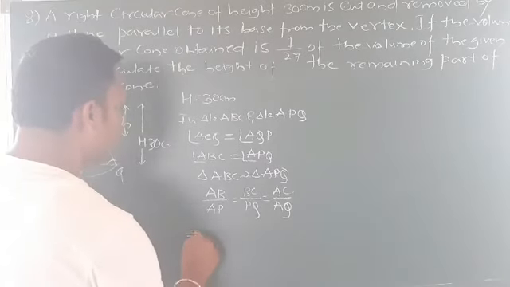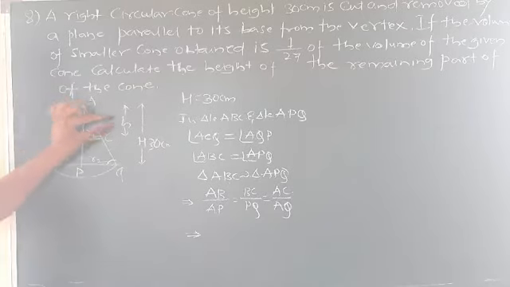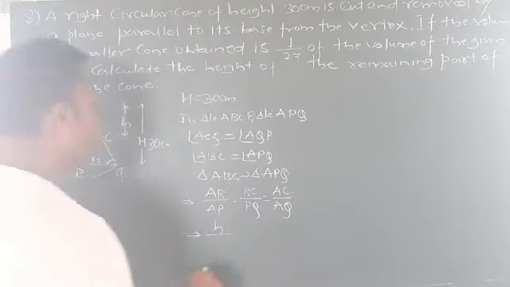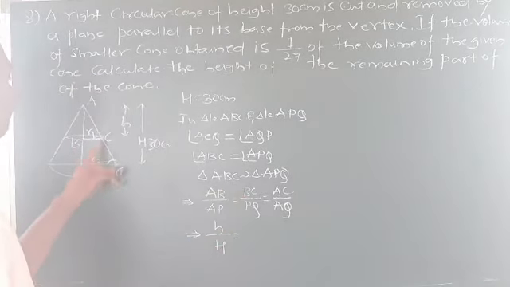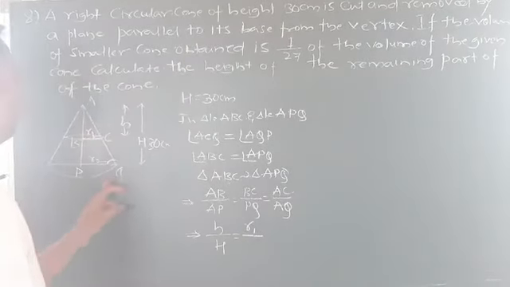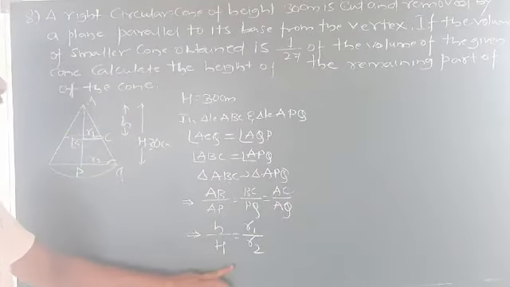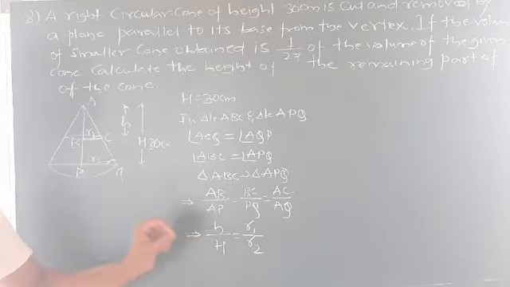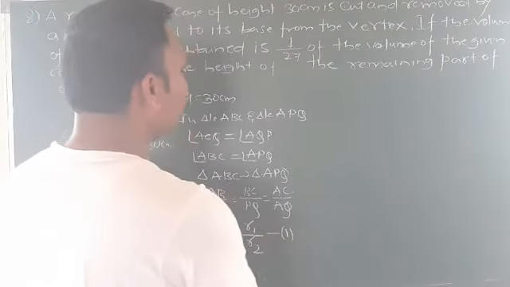AB is small h, AP is capital H, BC is R1 and PQ is R2. So small h by capital H is equal to R1 by R2. Take this as equation number 1.